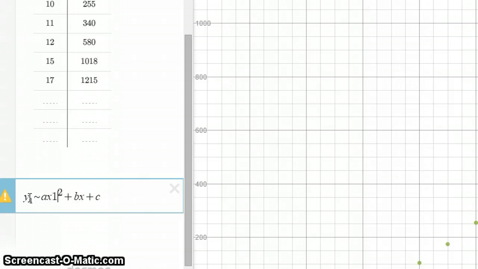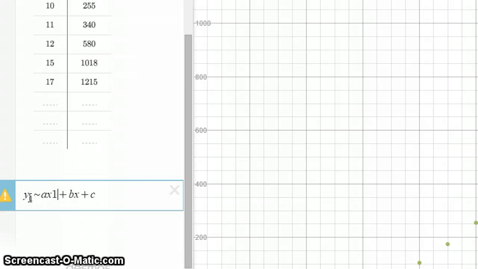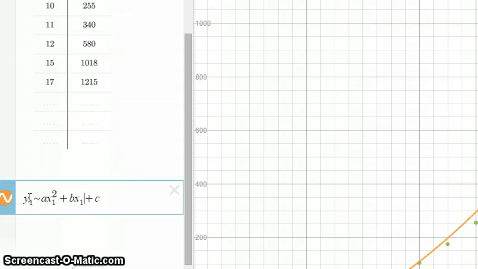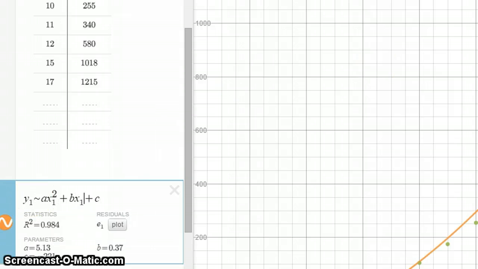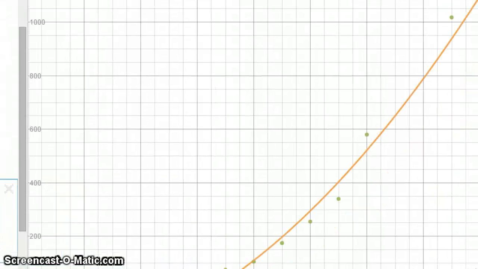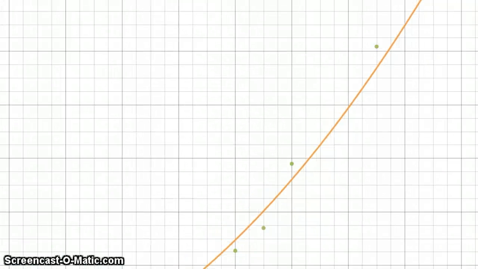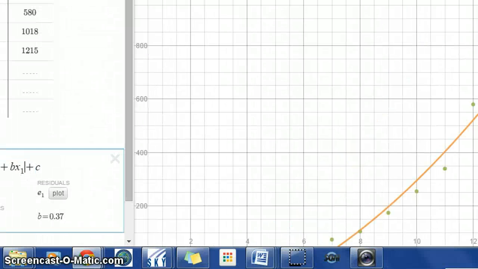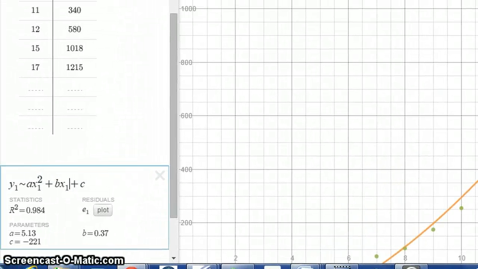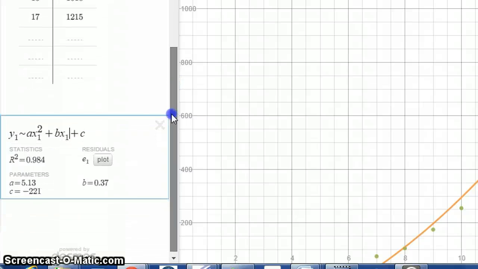Whoops. Oh, it might not work if you have the squared in there already. So you might have to take out the squared and then put it back. Okay, there we go. Now it's working. You can see we've got a really nice curve that fits very close to our points, and we've got our A, B, and C values.